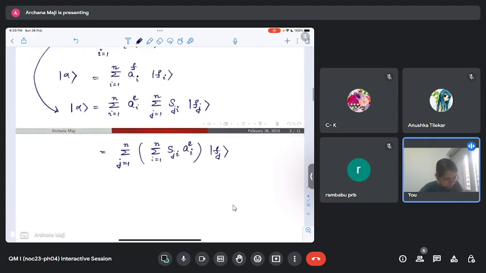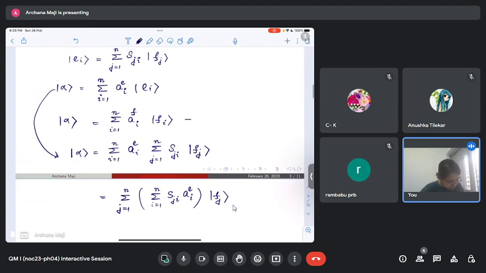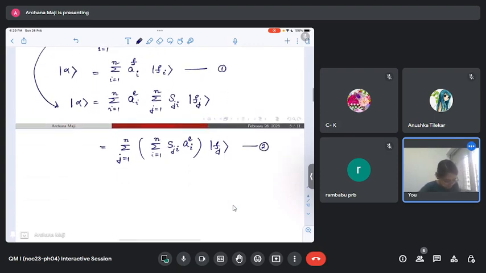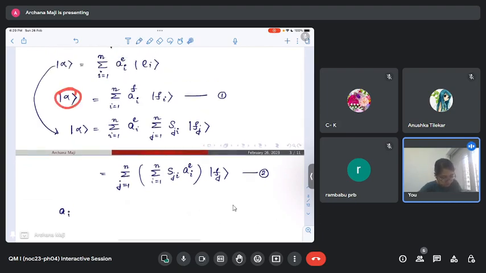Okay, so what do we see if we compare equation 1 and 2? We see that ai, the components of this alpha vector, when it is expressed in F basis, is related to the components in E basis like this.